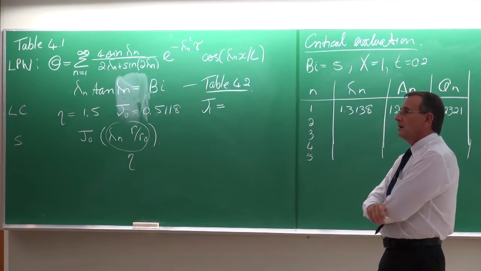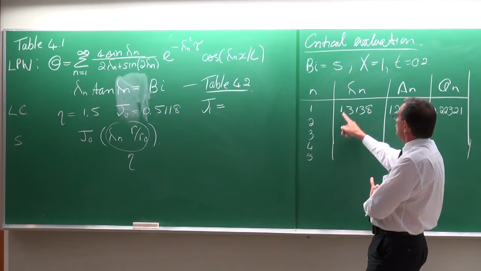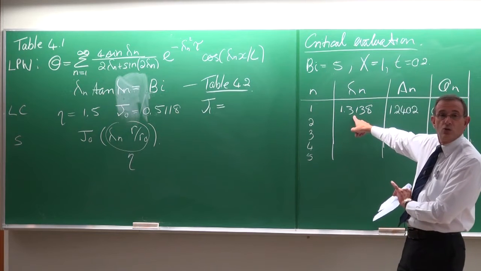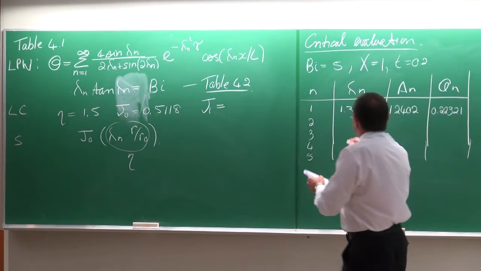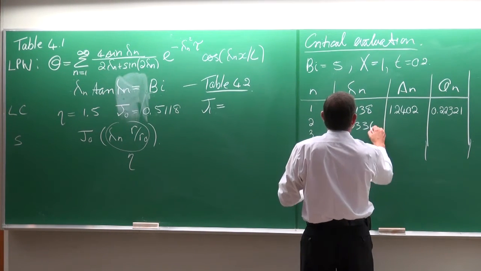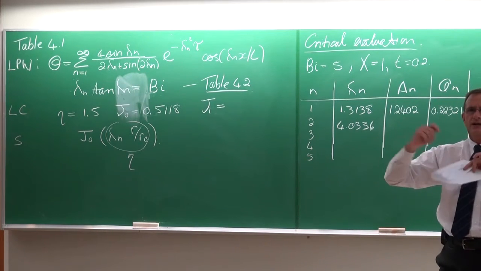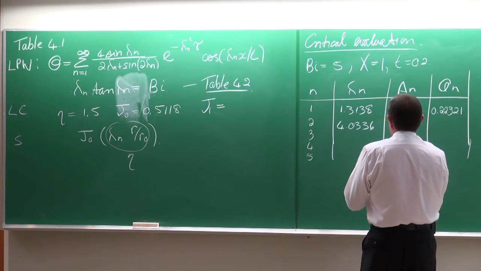Now we would like to do it for n equal to 2. For n equal to 2, lambda n is not again equal to 1.3 because it moves on the x-axis. So that would be equal to 4.0336. I think it is that plus pi, something like that. It always goes further away on the x-axis.